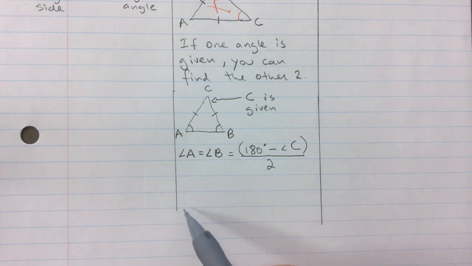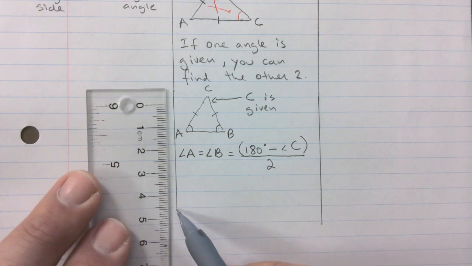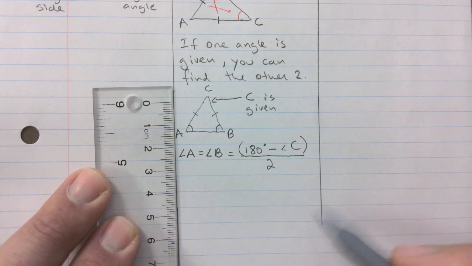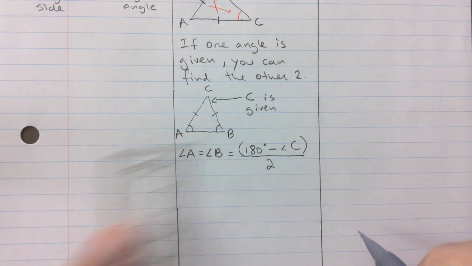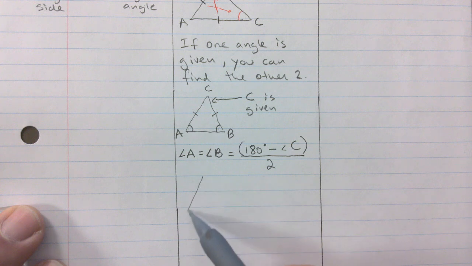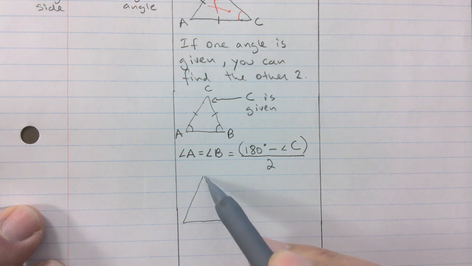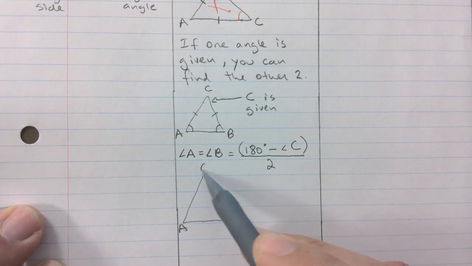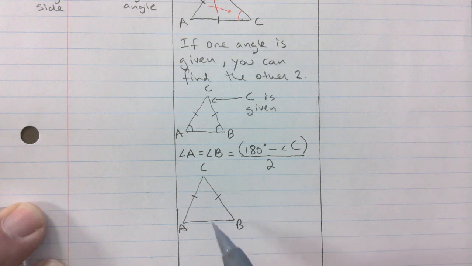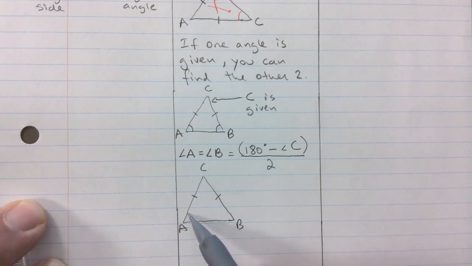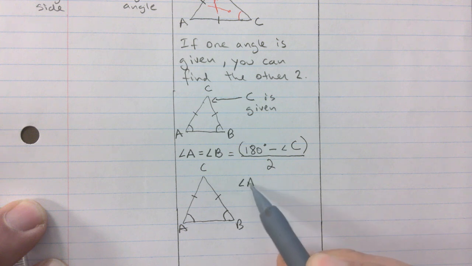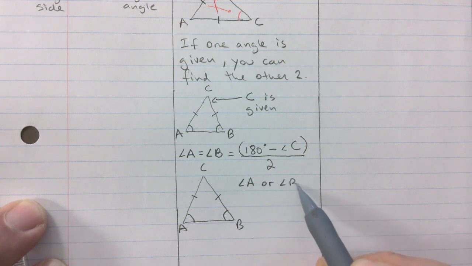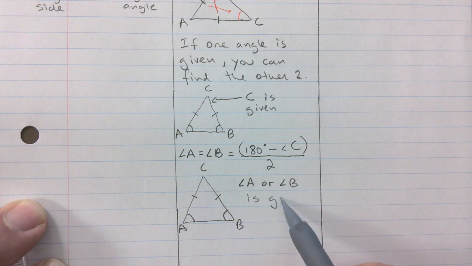Extending this column a bit. On the other hand, if you have A, B, and C like this, and these two sides are the same as well, let's say you have angle A or angle B given.